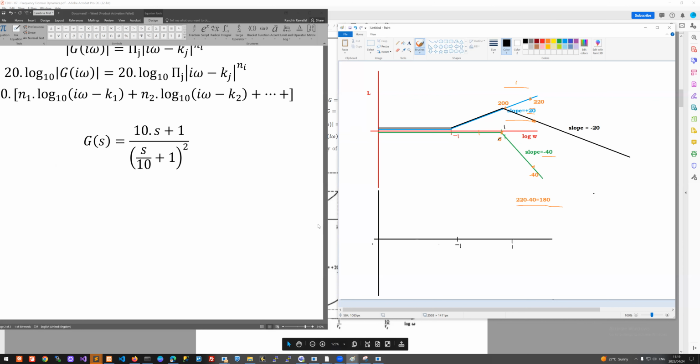So for the numerator, it's a first order lead. And so this is going to go from 0 to +90 degrees. So it's going to do this. It will go, and this one is 1/10. So yeah, that's the crossover frequency. The -1 is the crossover frequency. So this graph is going to be 0 initially, and then it's going to go to +90 degrees.